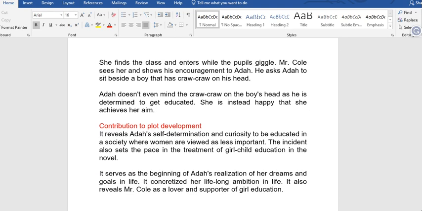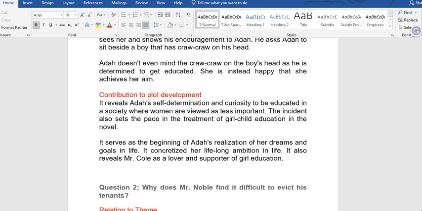She finds the class and enters while the pupils giggle. Mr. Cole sees her and shows his encouragement to Ada. He asks Ada to sit beside a boy that has a crow on his head. Ada doesn't even mind the crow on the boy's head, as she is determined to get educated. She is instead happy that she achieves her aim.